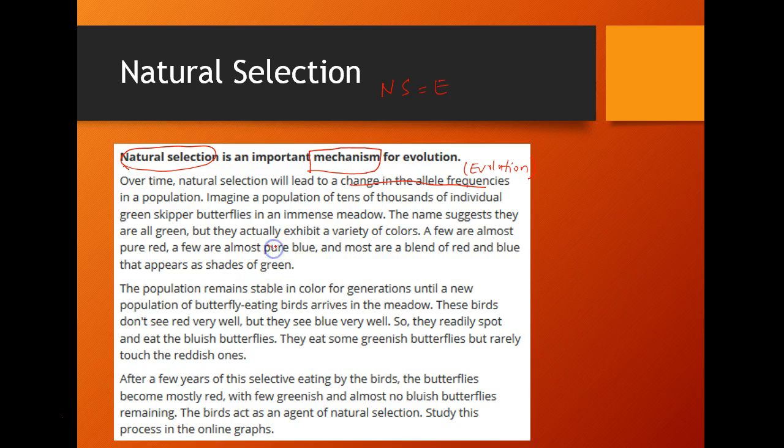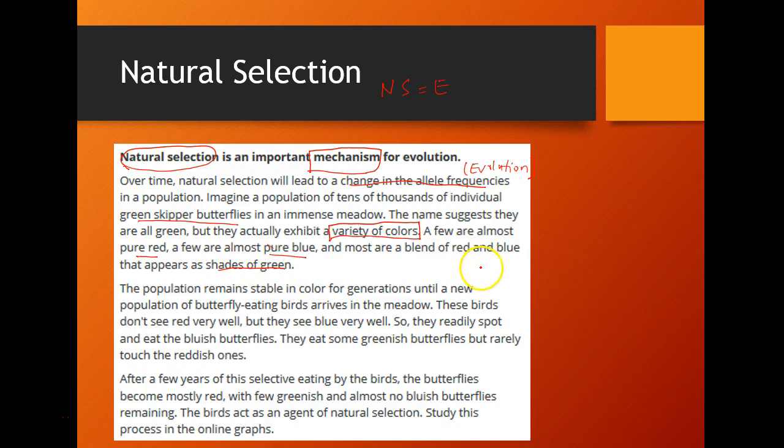So if we think of green skipper butterflies in an immense meadow, the name suggests that they're all green, but they actually exhibit a variety of color. Remember, one of the characteristics of natural selection is that there must be variation. So there's variation in colors. A few are almost pure red, a few are almost pure blue, and then most of them are a blend of red and blue, which are shades of green.